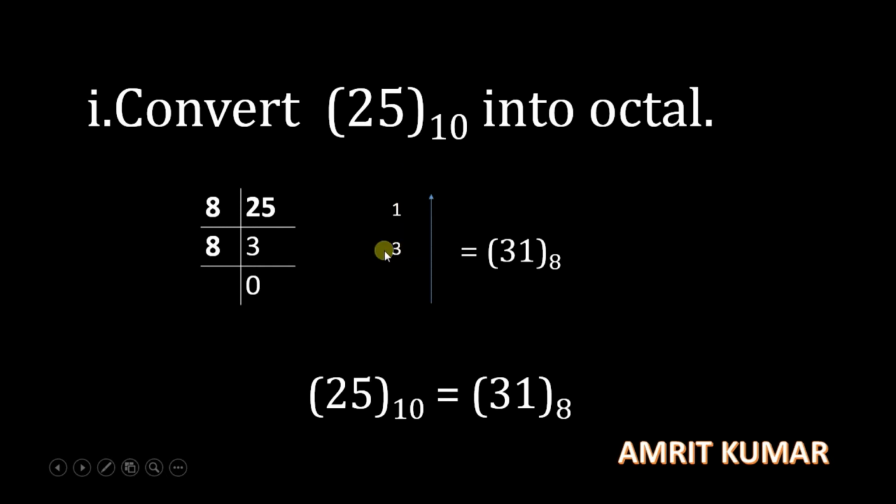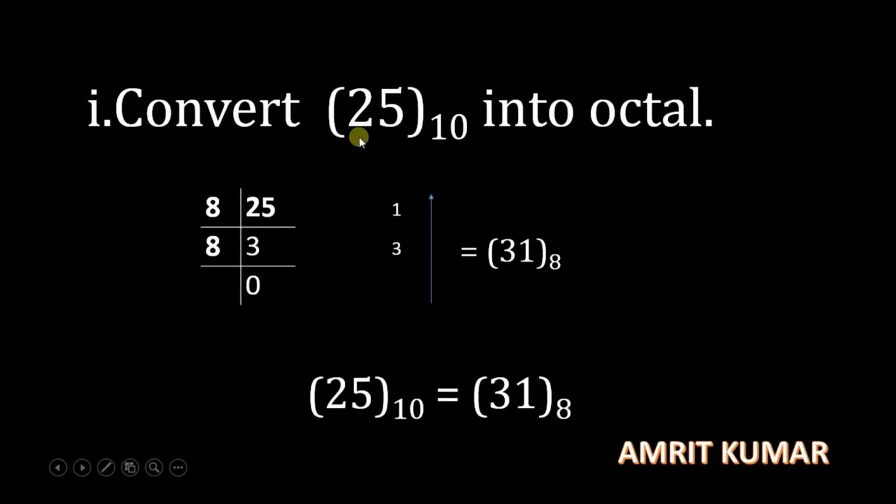This is the same as what we learned in the decimal to binary conversion. When converting a decimal into a binary number, we divided by 2 and not by 8, and we followed the same bottom to top approach.